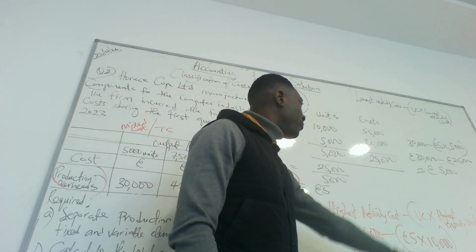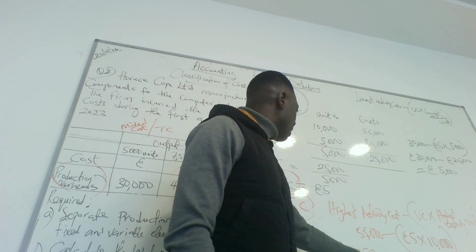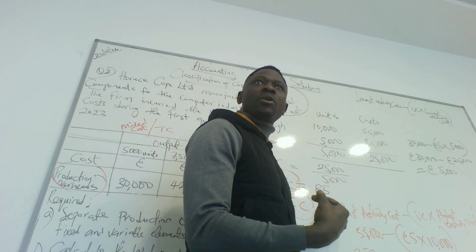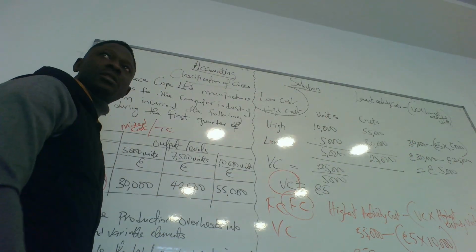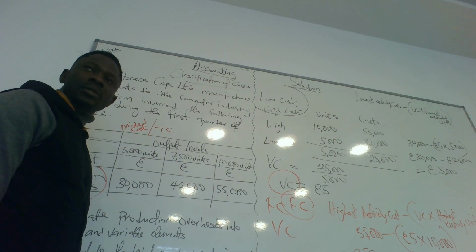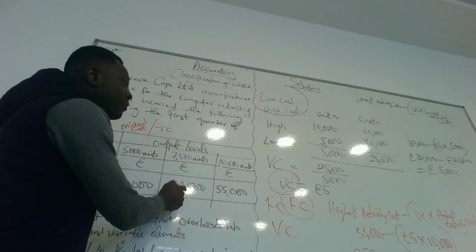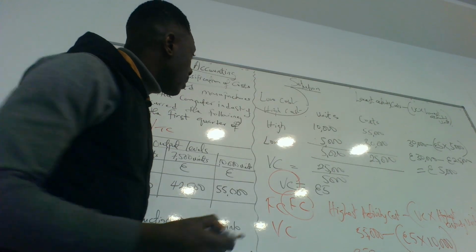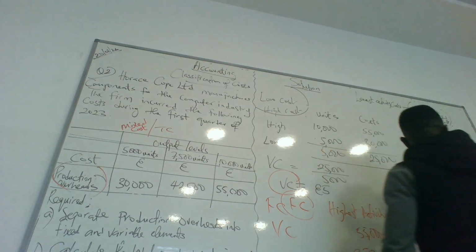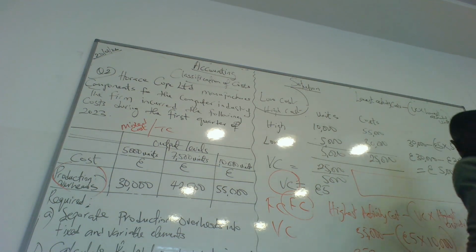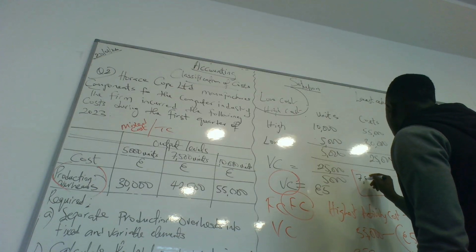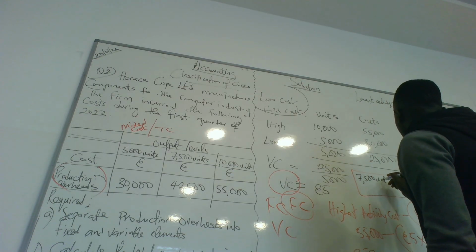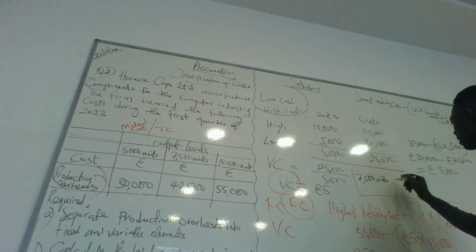So now that we have our fixed cost, our variable cost is 5 euros. So we use this variable cost to find the cost for 7,500 units. Do we get it? Yes. For 7,500 units, we have our fixed cost there.